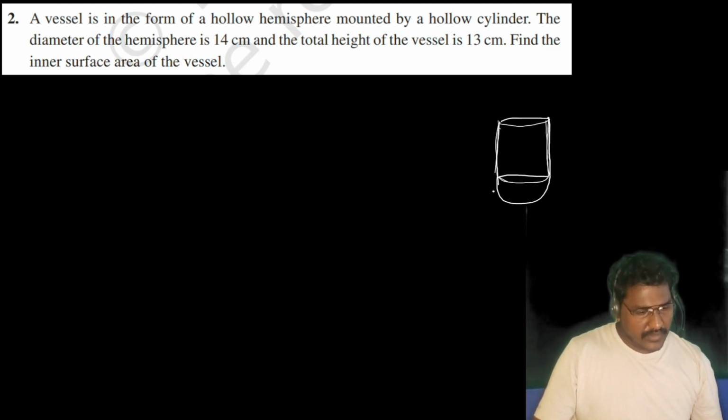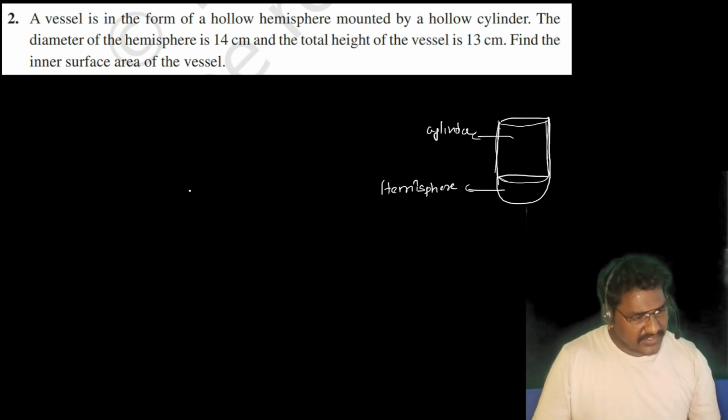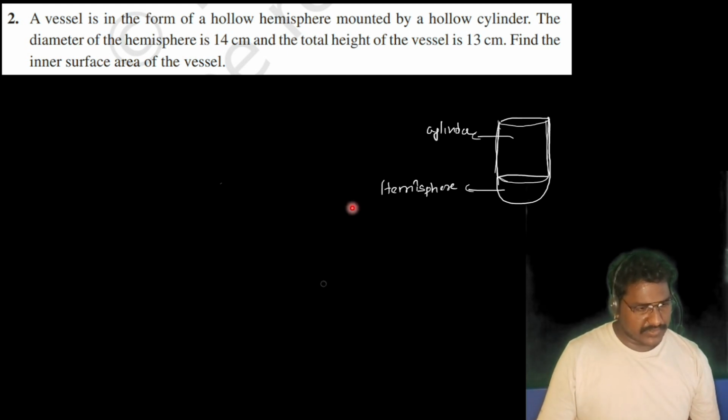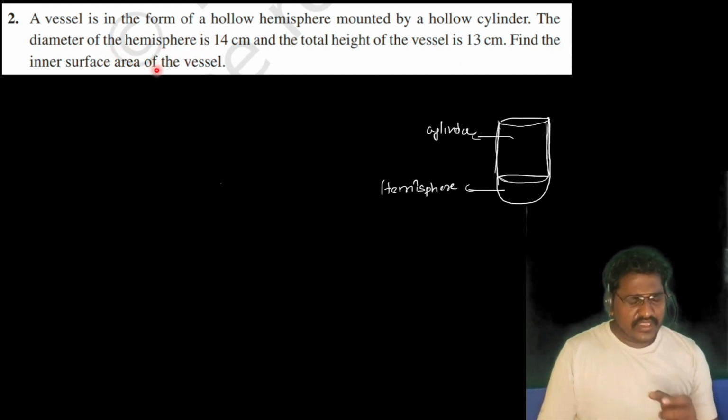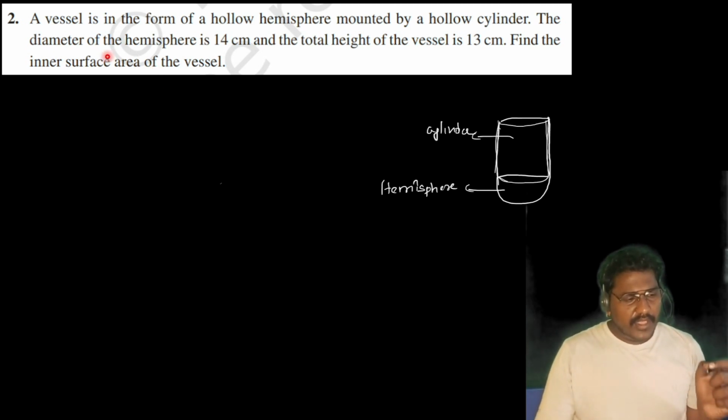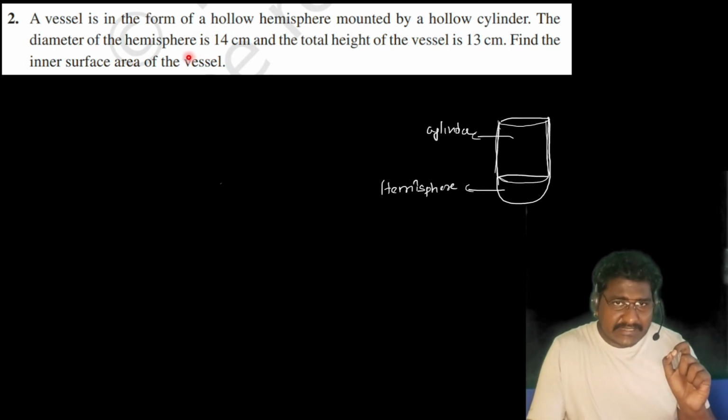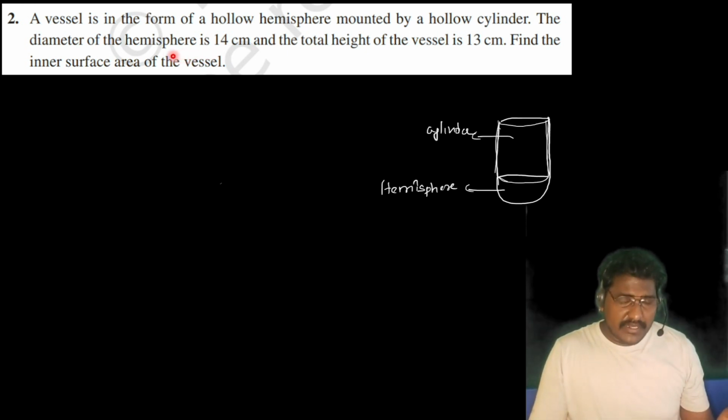Now see here. So this is our hemisphere part. So this will be our cylinder. Now read the statement again. The diameter of hemisphere is 14 centimeter. See very clearly here, the diameter of hemisphere is 14 centimeter, but it doesn't mean that cylinder is having one more diameter.